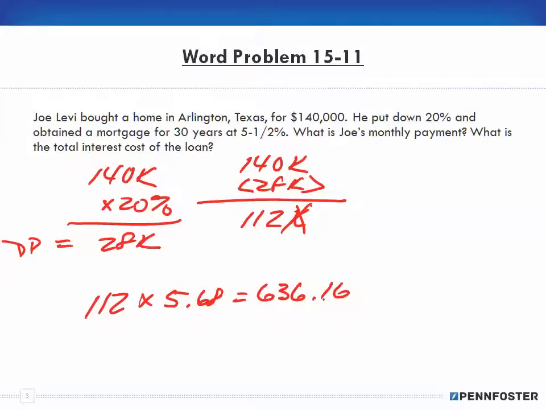Okay, but of course that's monthly, and we're talking about years here, so I have to take the 30 years and multiply it by 12 months and get 360 payments.